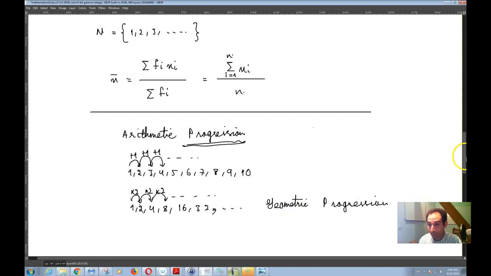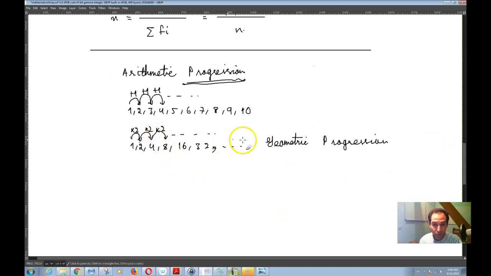Of course, a geometric progression could also be 1, 3, 9, 27, and 27 times 3 is equal to 81, and so on and so forth.